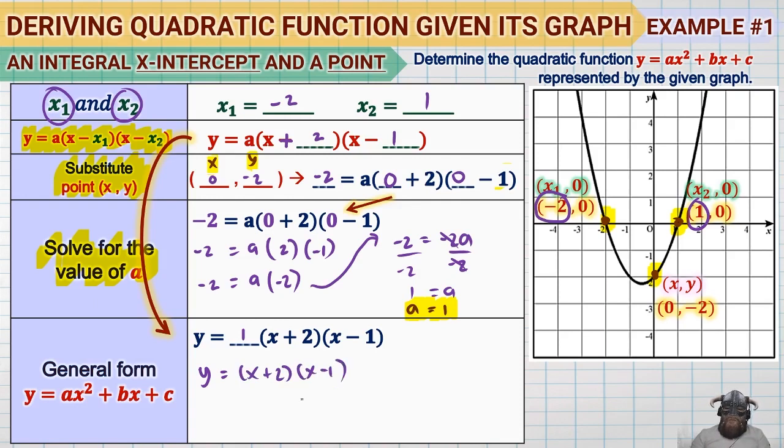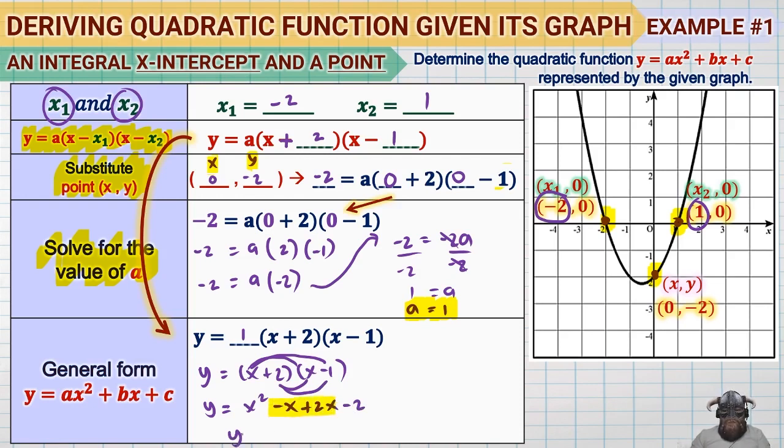Now, in this case, all we need to do is to do FOIL for it to be in general form. So, y is equal to x times x is x squared. X times -1 is -x. 2 times x is positive 2x. Then 2 times -1 is -2. Then all we need to do is to add these two similar terms.